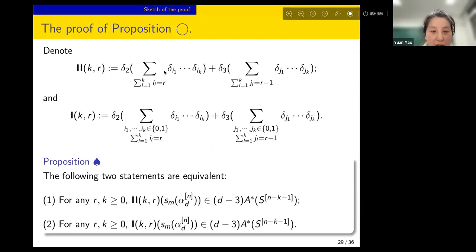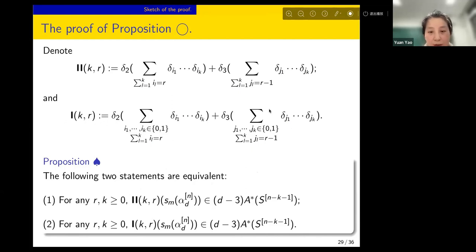The difference is because here we allowed the delta to be delta 2 and delta 3, and here we only allowed it to be delta 0 and delta 1. So there's no delta 2, delta 3 inside these brackets. The proposition says that these two statements are equivalent. So now we reduce our proposition circle to showing this single I, K, R.